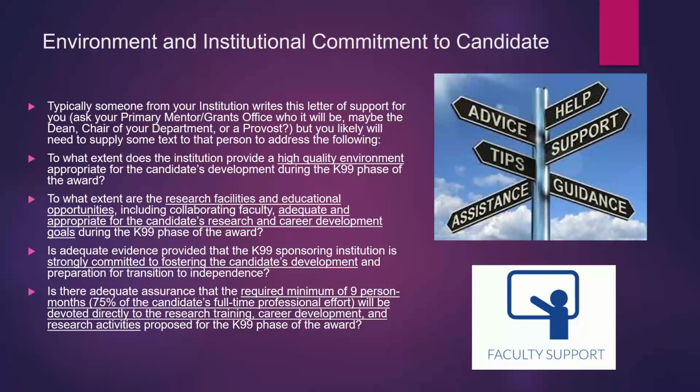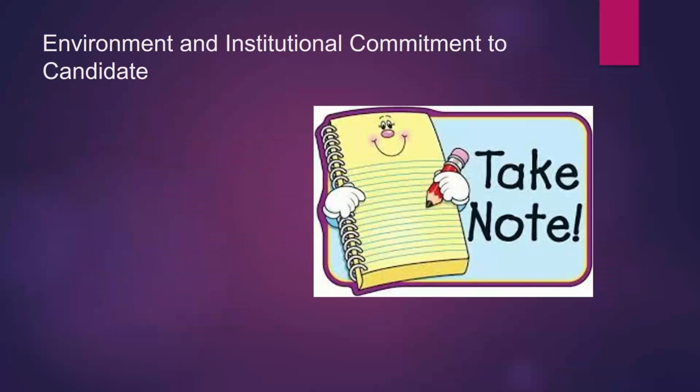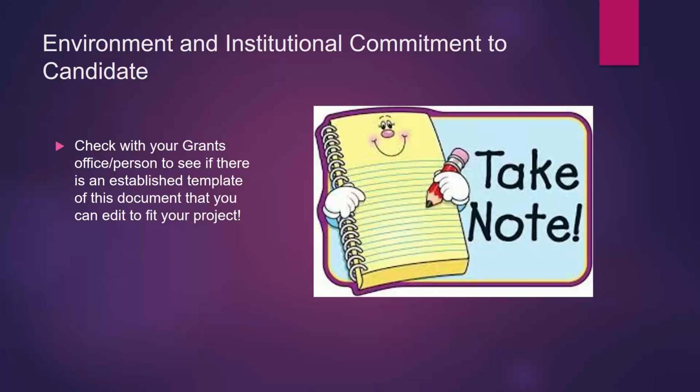So if your postdoc position is set up where you have to do a certain percentage of your time actually doing teaching or clinical supervision or clinical hours, that's going to be tricky because you need at least 75% protected research time for K-99. Again, check with your grants person to see if there's an established template that you can edit.